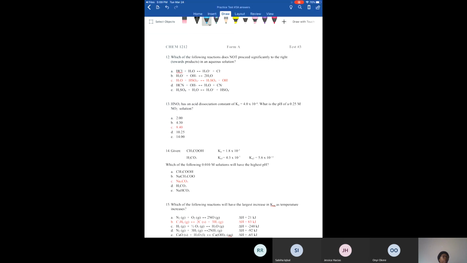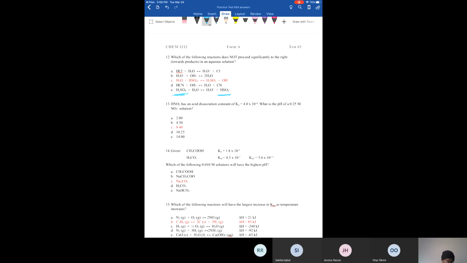You're always going to proceed to the weaker acid, if that makes sense. That means that H2SO4 is a stronger acid than HSO4. A stronger acid is going to want to donate its H. It doesn't want the H; it wants to give it away. So you're more likely going to go from H2SO4 to HSO4 because H2SO4 is a stronger acid than HSO4.